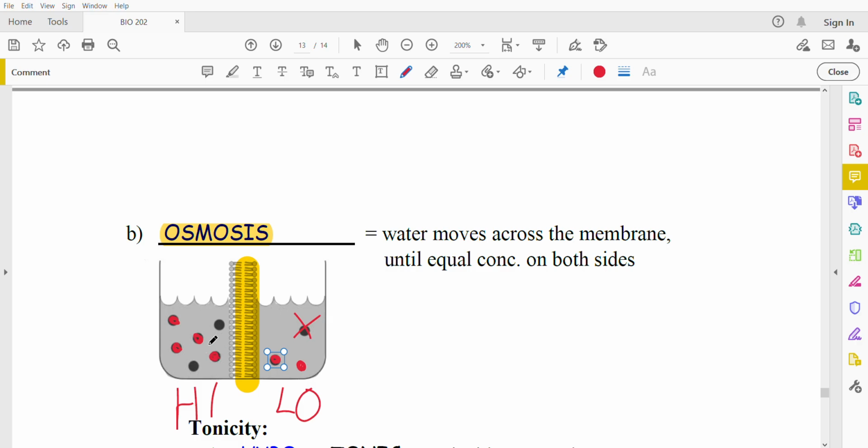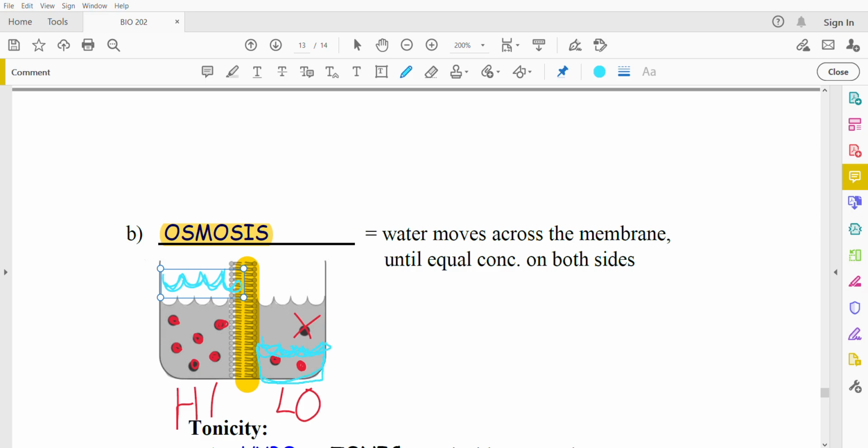Well, the way to do that is that rather than these red dots moving, let's move water from one side to another. And we do that, and the water moves higher on this side where there's a high concentration of the substance, and it moves lower on this side where there's less of it.